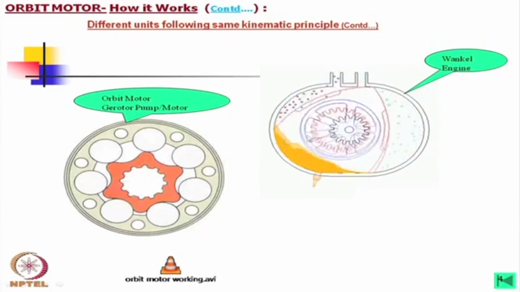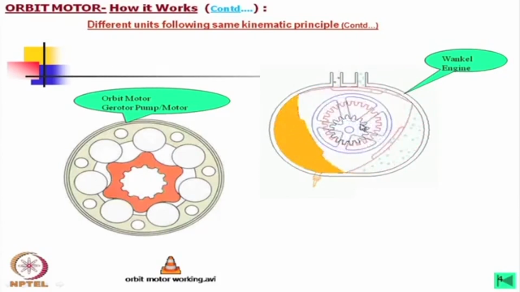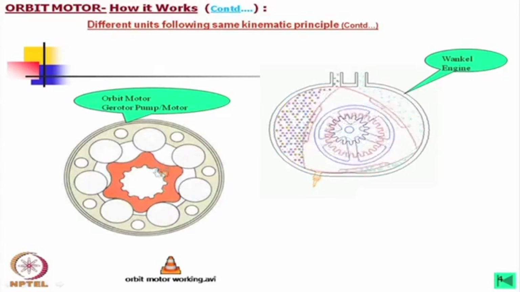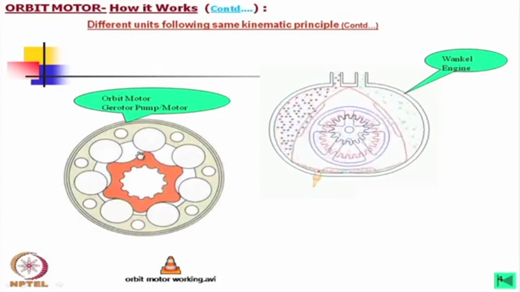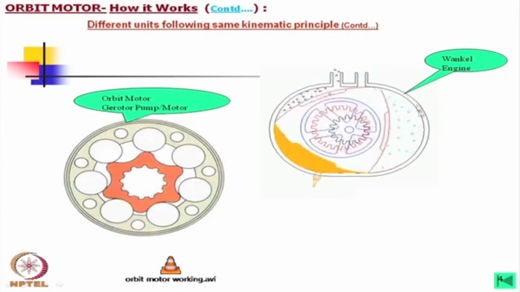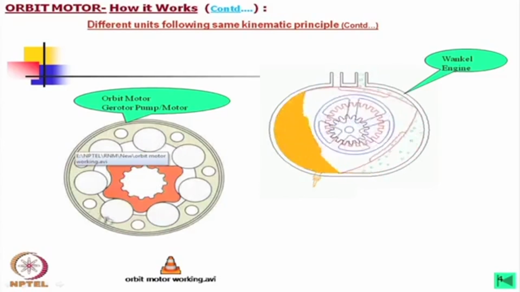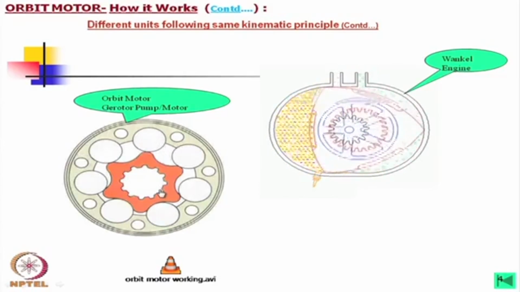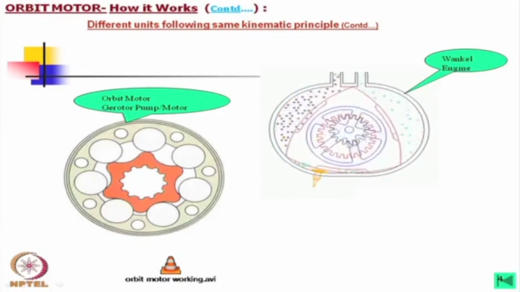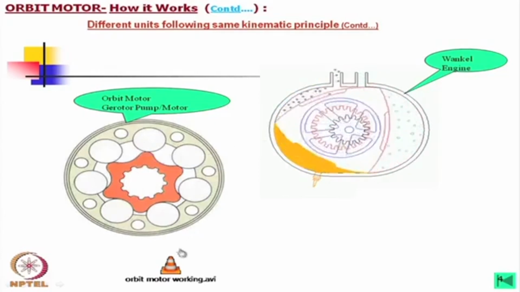Also, in this case, the outer member is fixed and the inner one is rotating. If we do it like that, then we will find a similar action, but the difference is that in this case there are 2 lobes outside and 3 lobes inside. In this case, there are 7 lobes outside and 6 inside, 1 less, while in the other case 1 more. I shall come later to why it is like that, but let us see what is happening there.